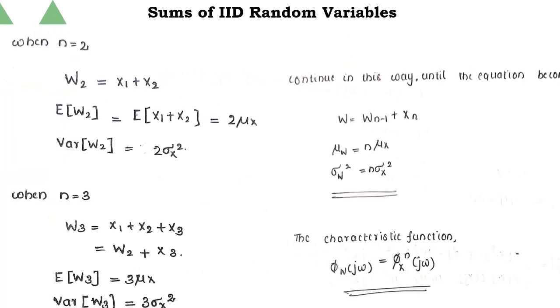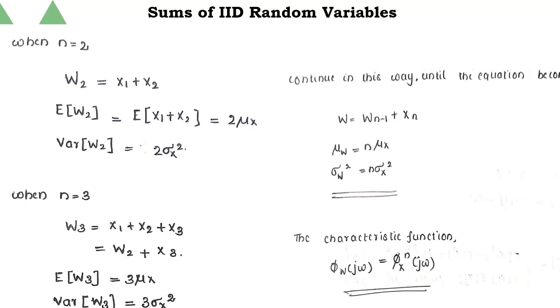In the previous slide we have considered the general equation for w, which is equal to summation of xi. Now here we are going to consider some special cases. The first case is when n is equal to 2. When n is equal to 2, then you can write w2 is equal to the sum of only two random variables, that is x1 and x2.